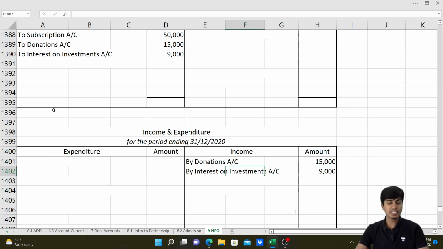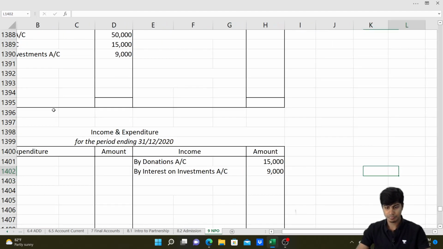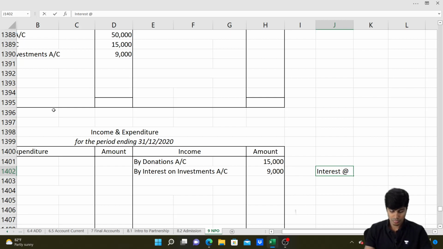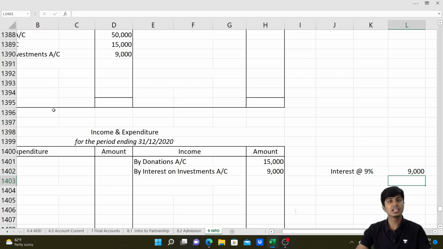This 9,000 is at the rate of 9%. If 9% is 9,000, how much is the entire investment? Interest at 9%, how much is interest at 9%? 9,000.